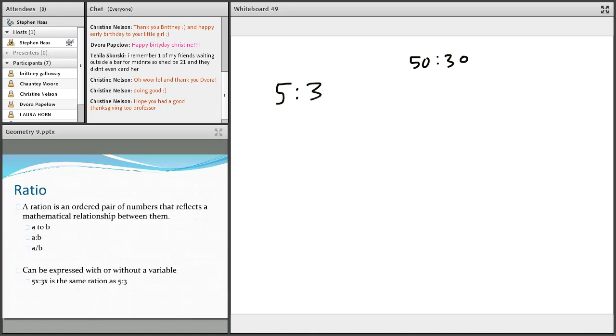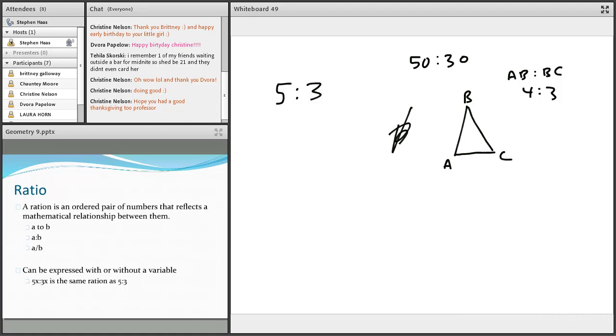For example, if I have a triangle and I tell you that AB to BC has a ratio of 4-to-3, we don't know what the actual lengths are. One could be 4, the other 3, or 16 and 12, or 400 and 300, or 1200 and 900. We just know that the ratio is 4-to-3.